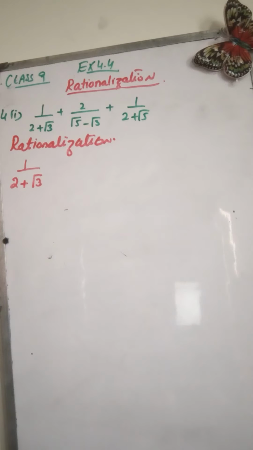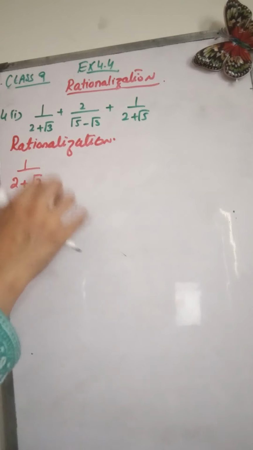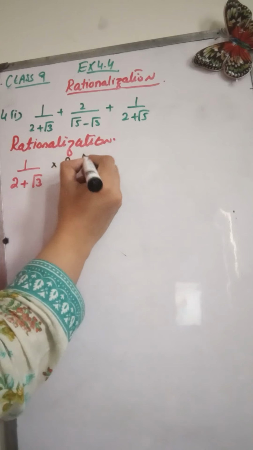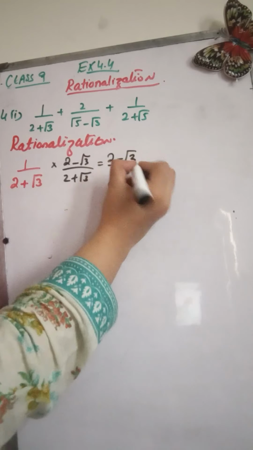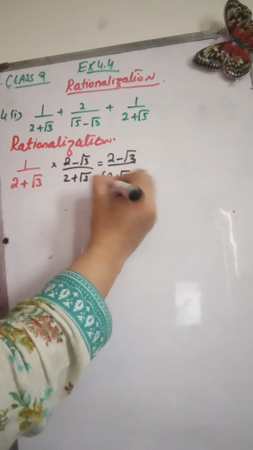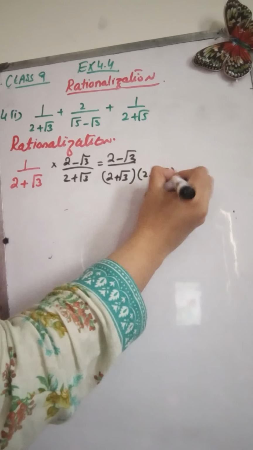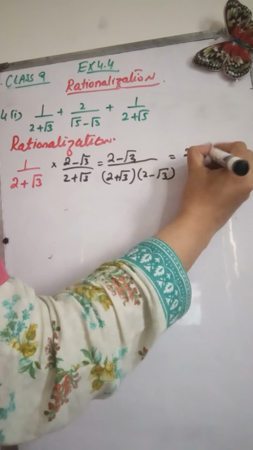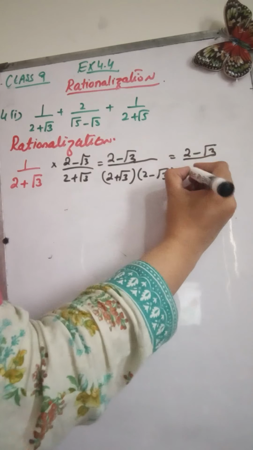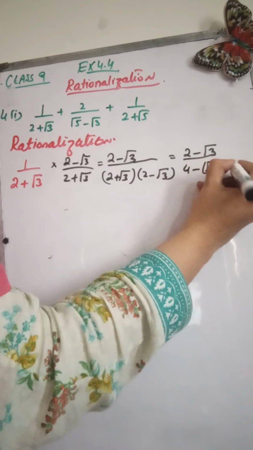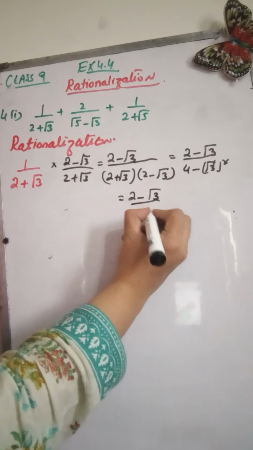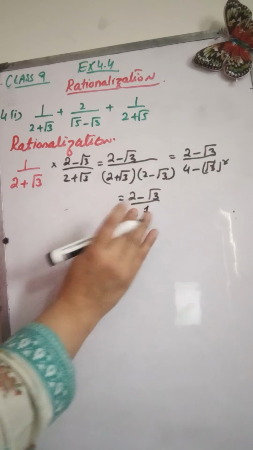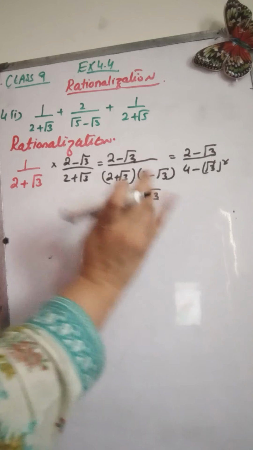In order to rationalize it, what we are going to do is we are going to multiply the conjugate of this number in the numerator as well as in the denominator. Multiplying these two is 4 minus under root 3 whole square, which will give us 2 minus under root 3 over 4 minus 3 will be 1. So we are going to get just this fraction.